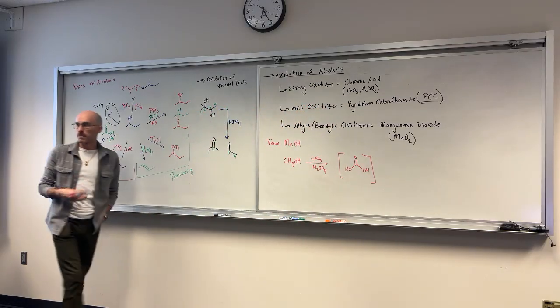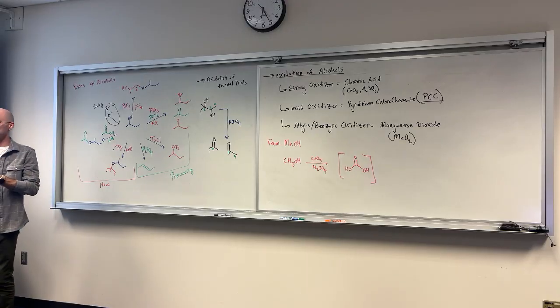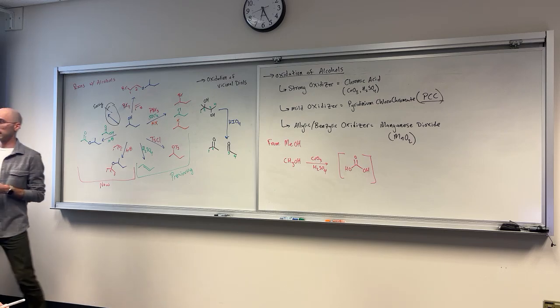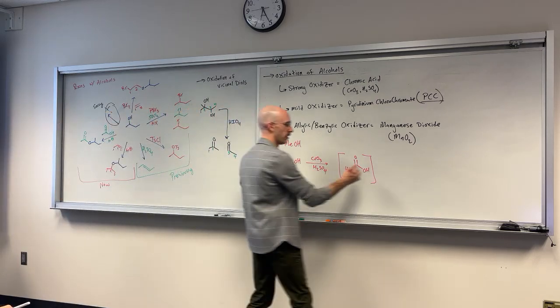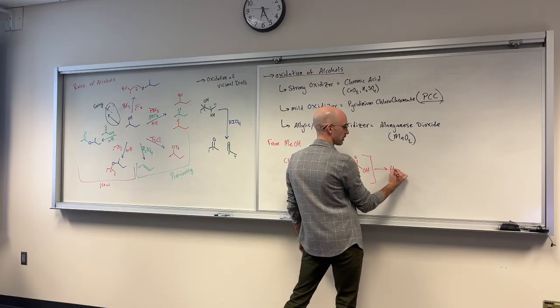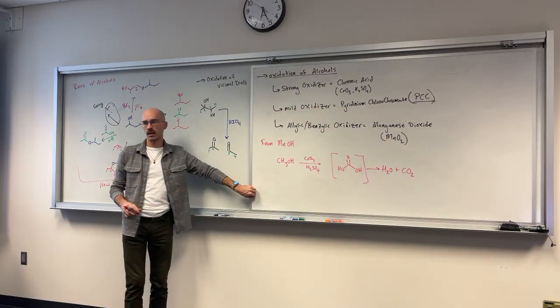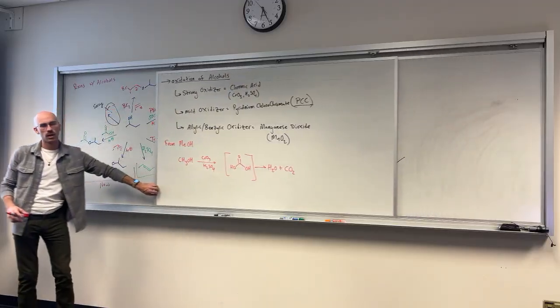This is methane dicarboxylic acid, also known as something you learn in gen chem, something that's in your soda, also a little bit in your blood. Carbonic acid. Carbonic acid is famously not stable, which means that if this forms, it decomposes into water and carbon dioxide. And that's what you actually harvest.